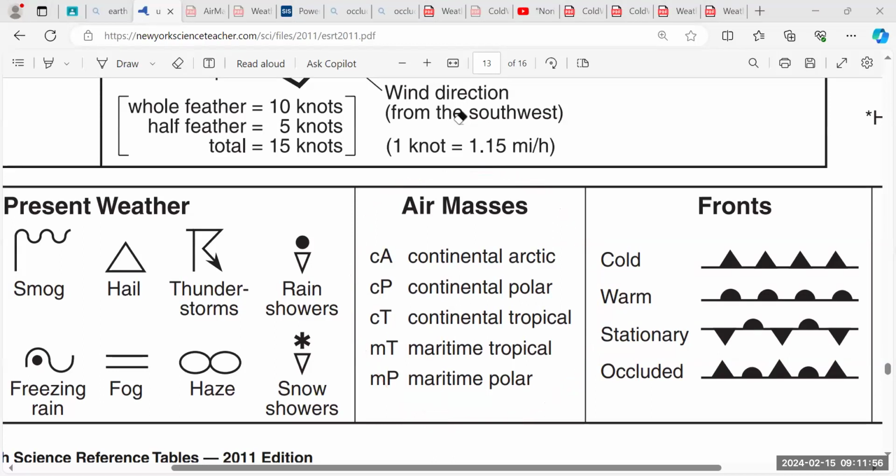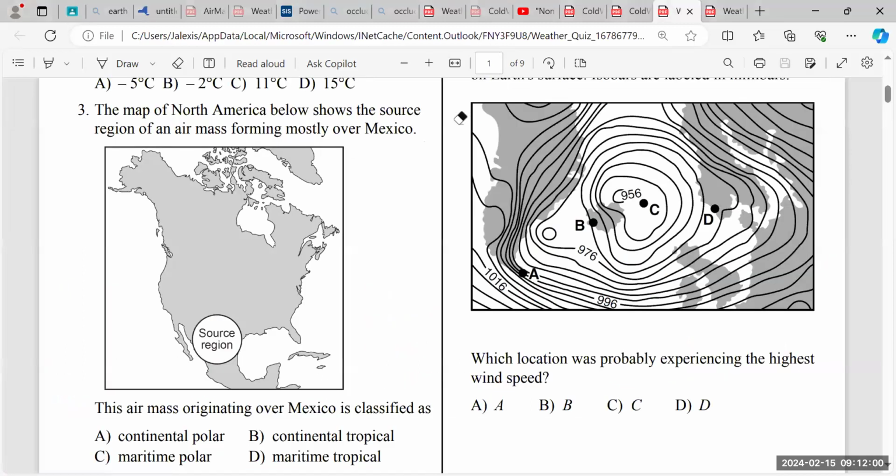All right. Now, what else do I know about this problem to help me? So this source region, was it created on land? Yes, it was created on land, right? This air mass was created on land, not on water. So we know it's created on land. And what else do I know?